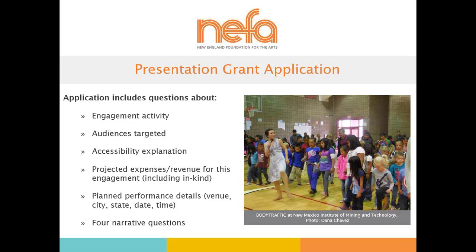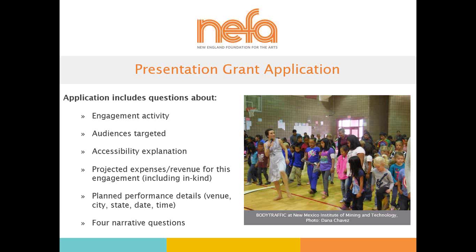So you will also be asked for narrative questions, asking you about the engagement itself, your marketing strategy, and if you're working with any other community organizations or any other groups in planning the engagement. Again, I would encourage you to write the answers to those in a Word doc so that you can save that and paste it in.